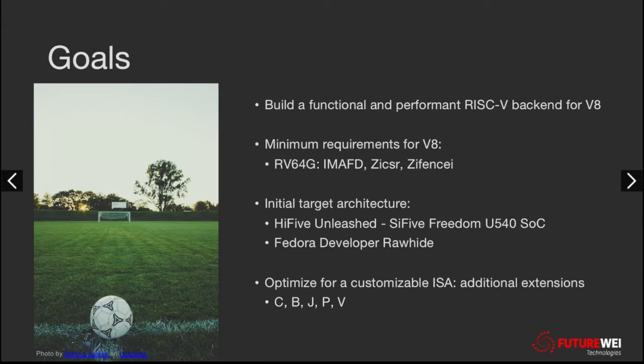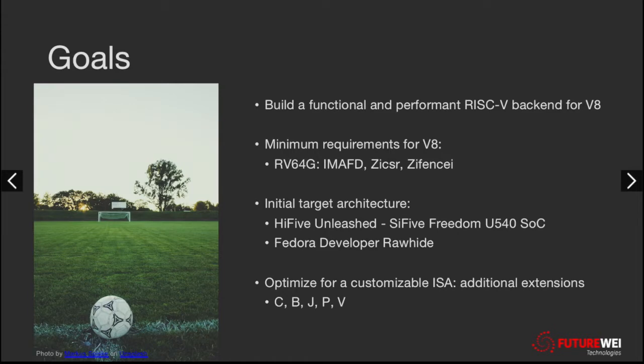Note that the C extension, which is available on a lot of RISC-V hardware, is nice to have, but it's not necessary. In our initial effort, we are focusing on supporting the basic functionality with just the G subset. Our initial target is the HiFive Unleashed board, and we have Fedora running on top of it.